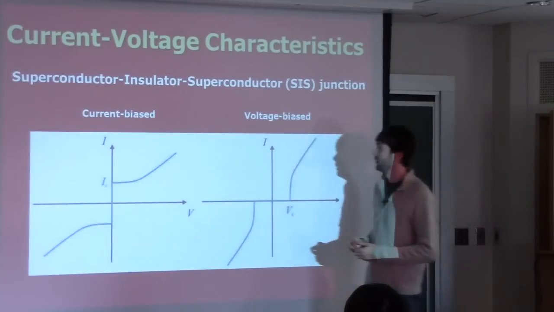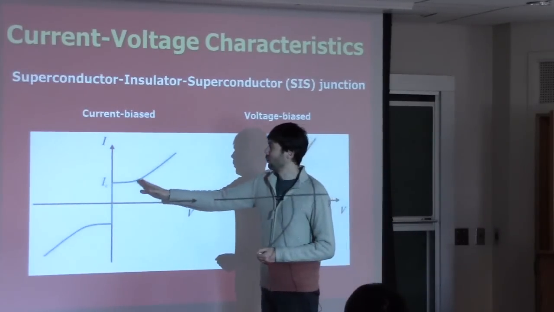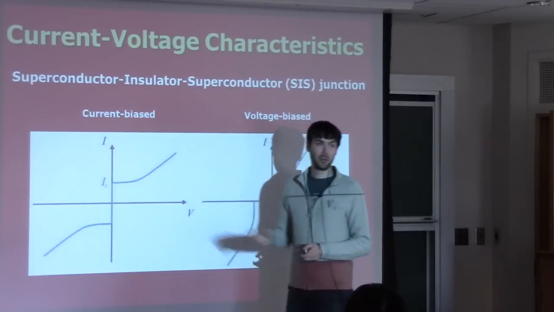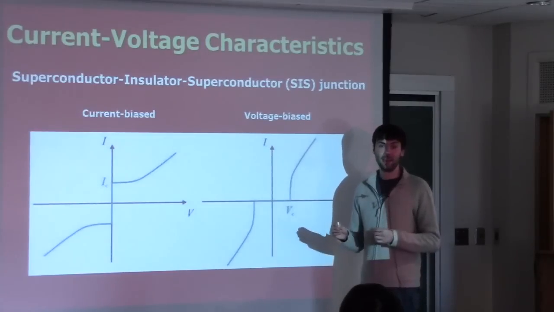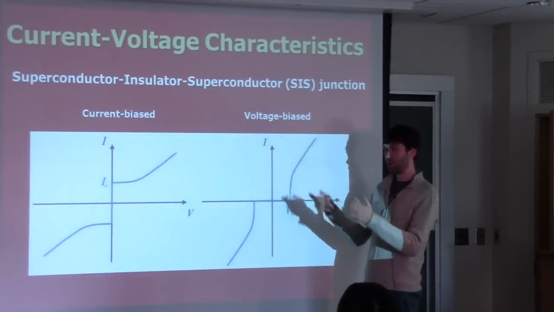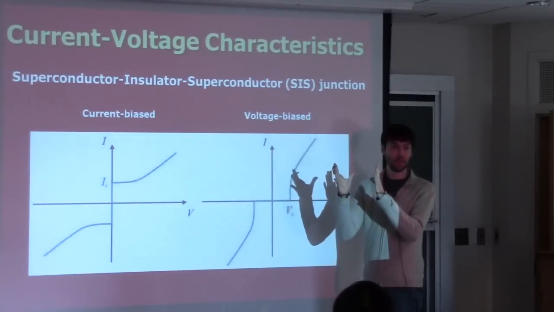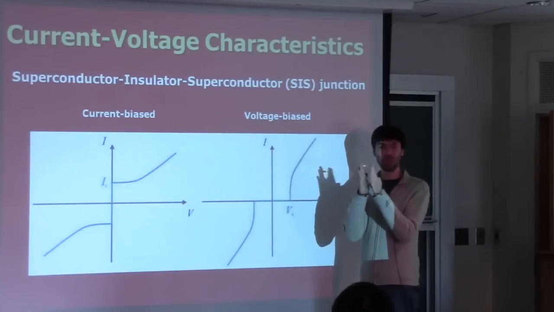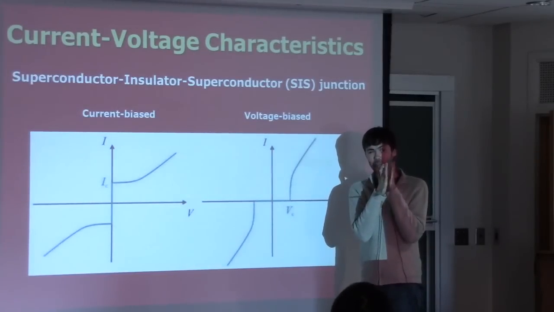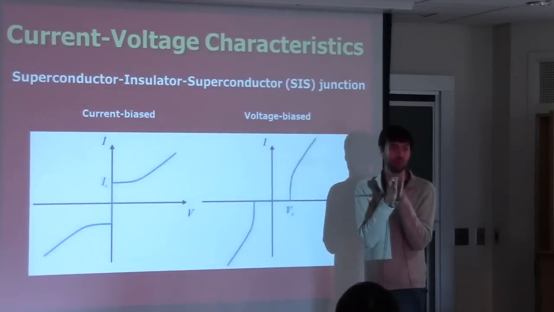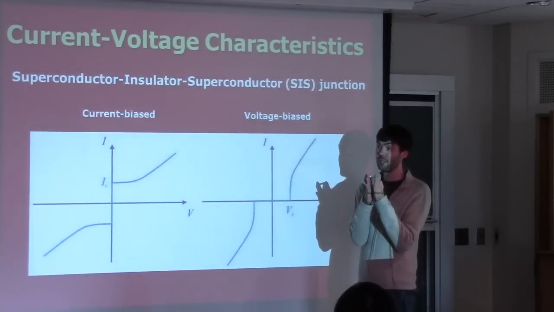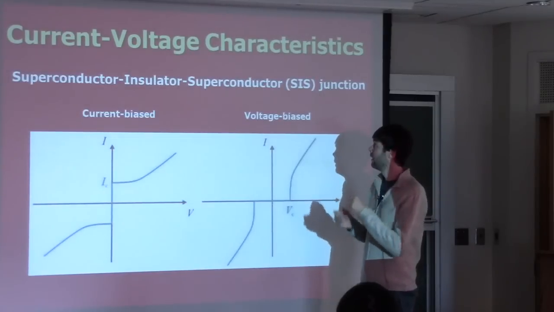So this is a current-voltage characteristic of a typical so-called Josephson junction. It's a device where you took two superconducting metals and brought them very close together, leaving a tiny gap of an insulator. A dielectric could in principle be vacuum, or some dielectric material.